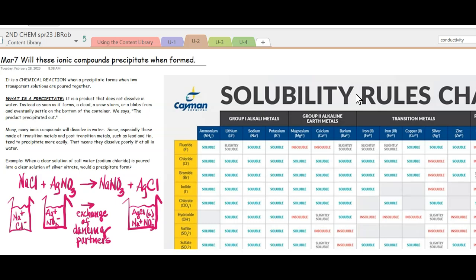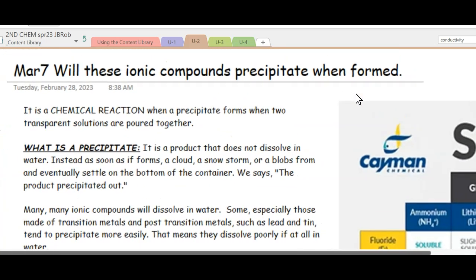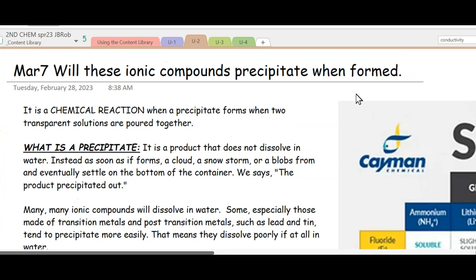All right, so let's look at this. So it says, will these ionic compounds precipitate when formed? Why is it important that they precipitate? Well, you know how when you pour two things together, if there's going to be a reaction, you need something to happen, right? You need bubbling, or you need a gas coming off or something.